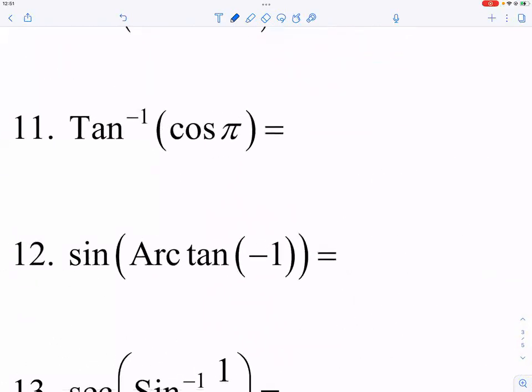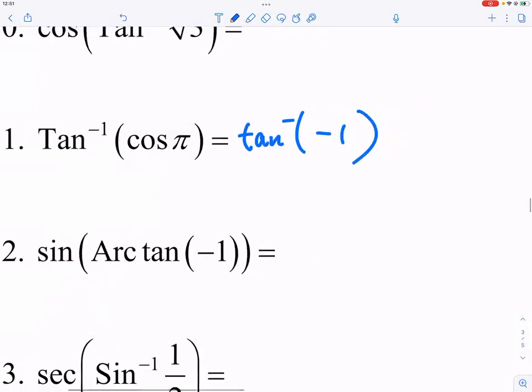Right now, for the next portion, I'm going to pick a few to do. For number 11, just do it step by step. Figure out the inside first, and write out your notation. What's cosine of pi? Cosine pi is -1.